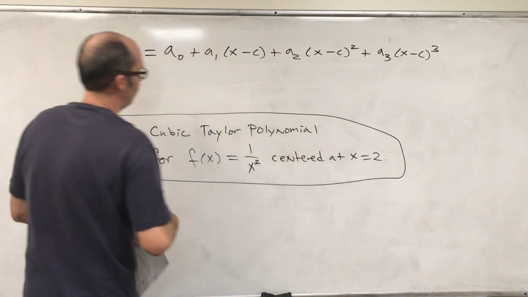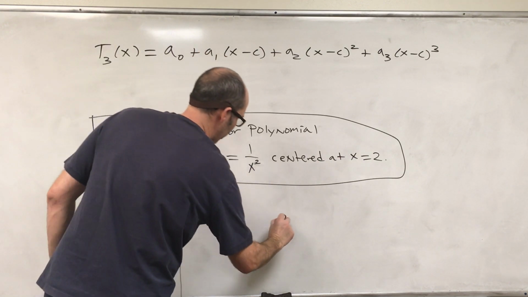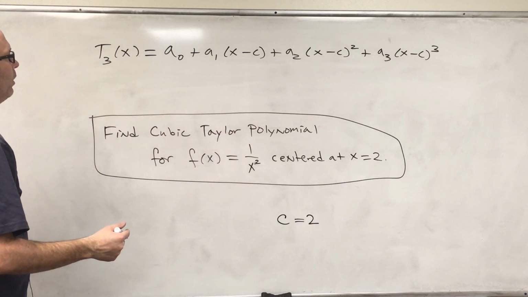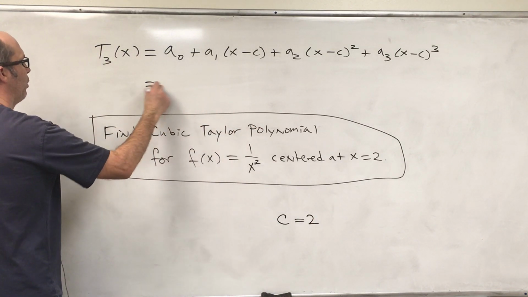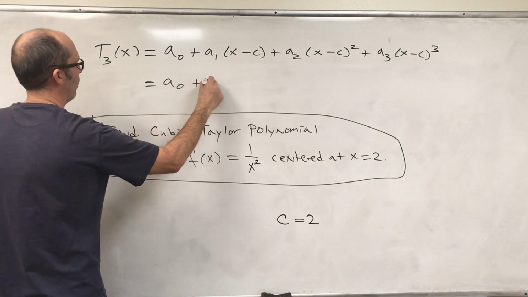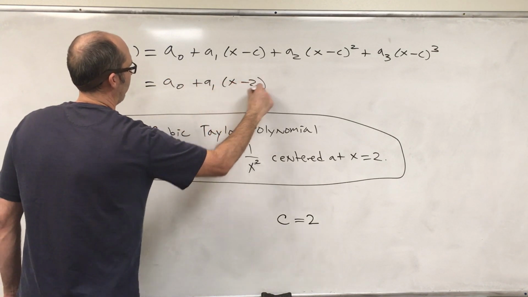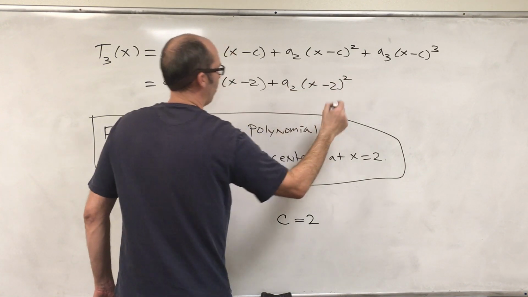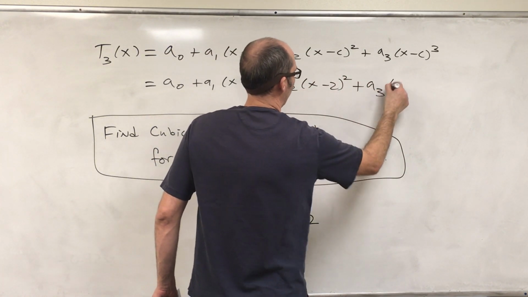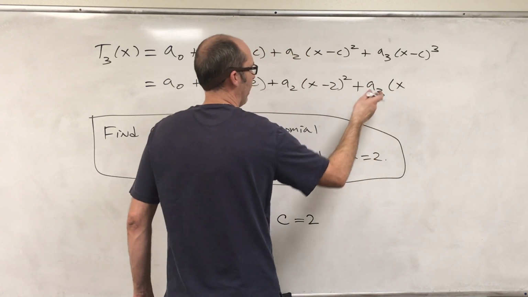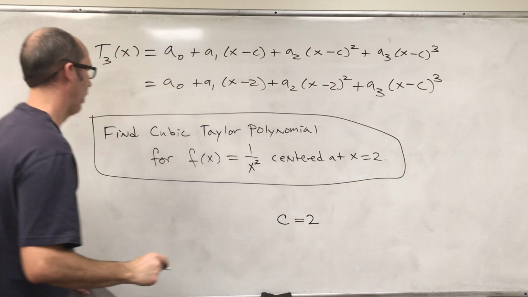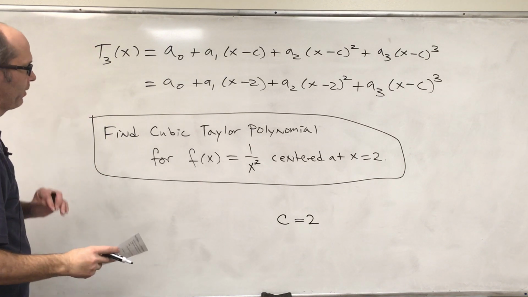Centered at x equals 2 tells us that in this example c is equal to 2. So we can go ahead and put those in: a0 plus a1 times (x minus 2) plus a2 times (x minus 2) squared, plus a3 times (x minus c) cubed. Okay, all right, so now we have to figure out these a_n's.